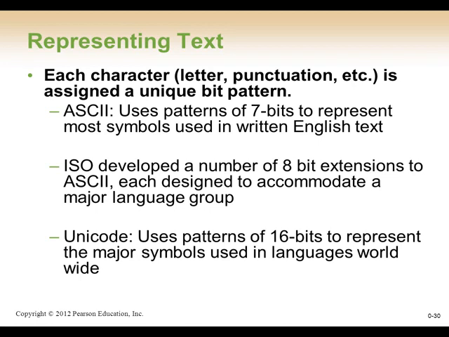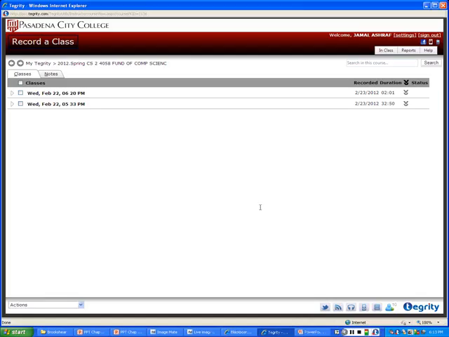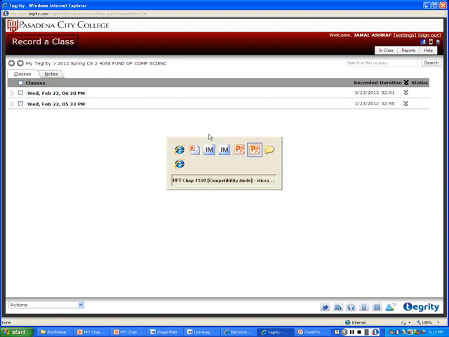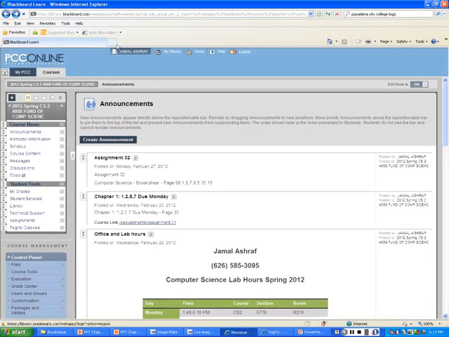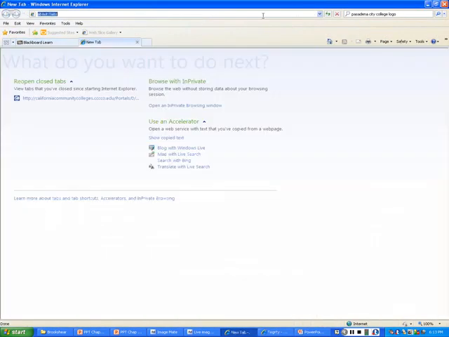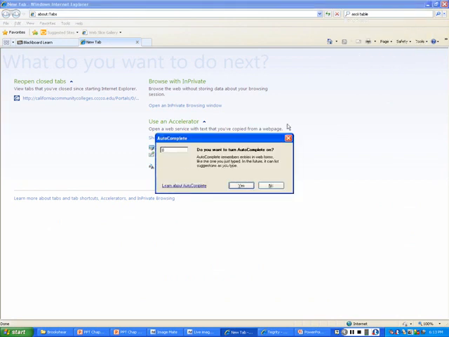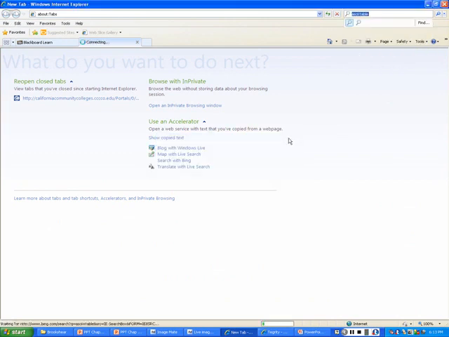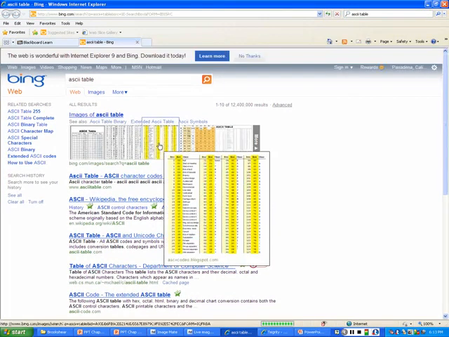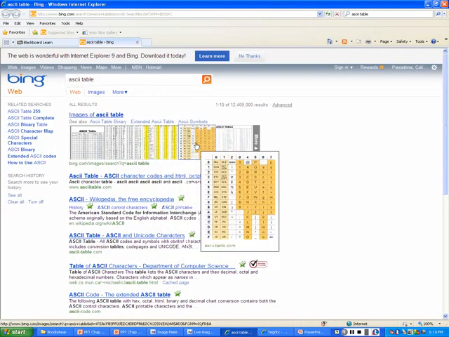So if I go on the internet and look for the ASCII table, I'm going to pick which one is nicer.